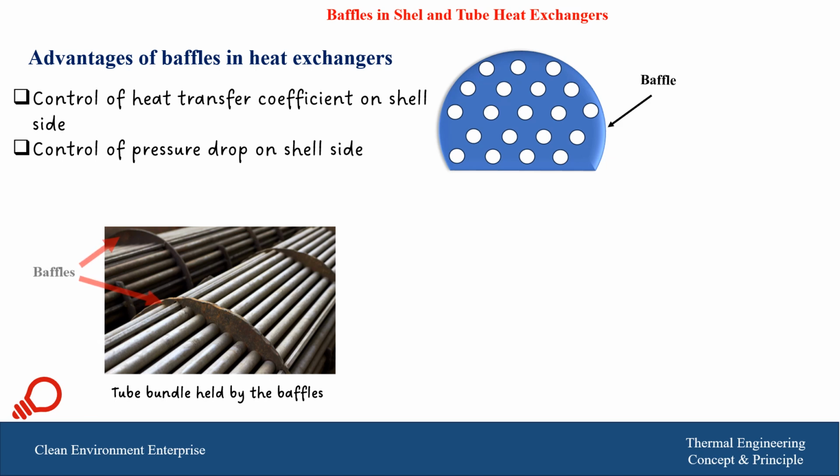Minimizing the distance means that we are increasing the velocity on the shell side, and in that way we are increasing the Reynolds number and improving the heat transfer coefficient. On the contrary, that will increase the pressure losses in the heat exchanger.